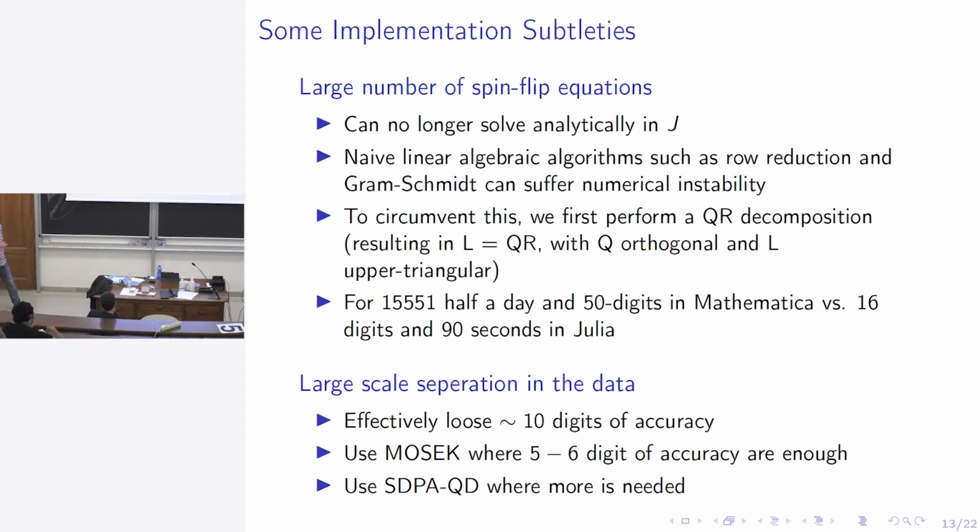So 15551. Oh, in this case here, yeah, it's 90 seconds if you do it right. Although we eventually wanted more than 16-digit accuracy, so it was a bit longer. But let's say for 16-digit accuracy, this is 90 seconds, and this, I think for this case, was not even tractable. We had to truncate the positivity matrices and run it for a few days.